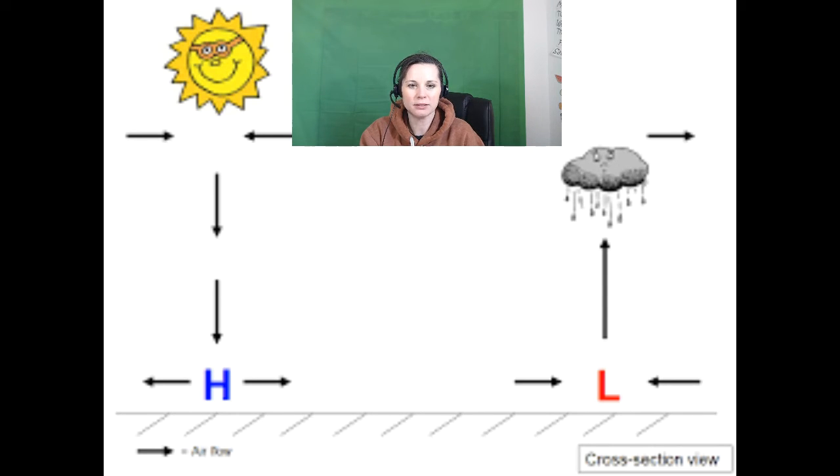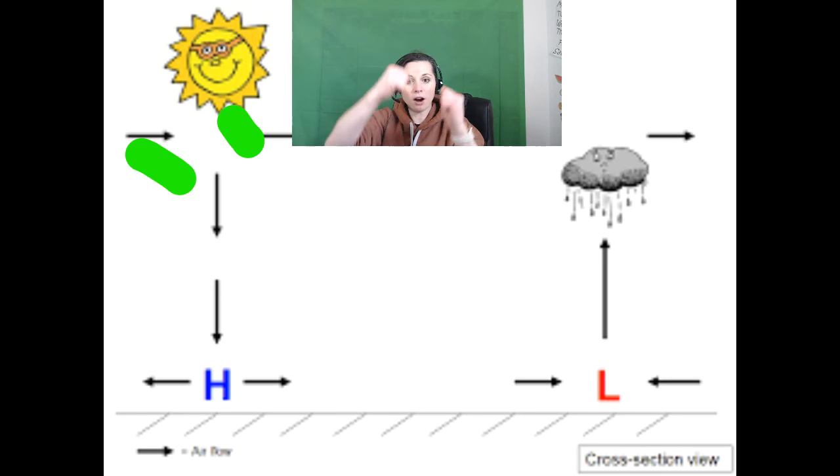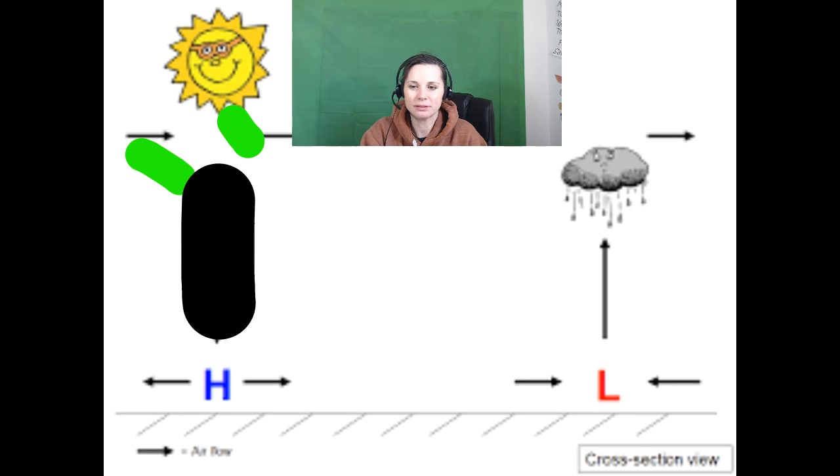So the air up here near our sun is being heated. And when it's being heated, like I said, the air molecules that are here are spaced farther apart, so they become less dense. When they're less dense, they can move down.